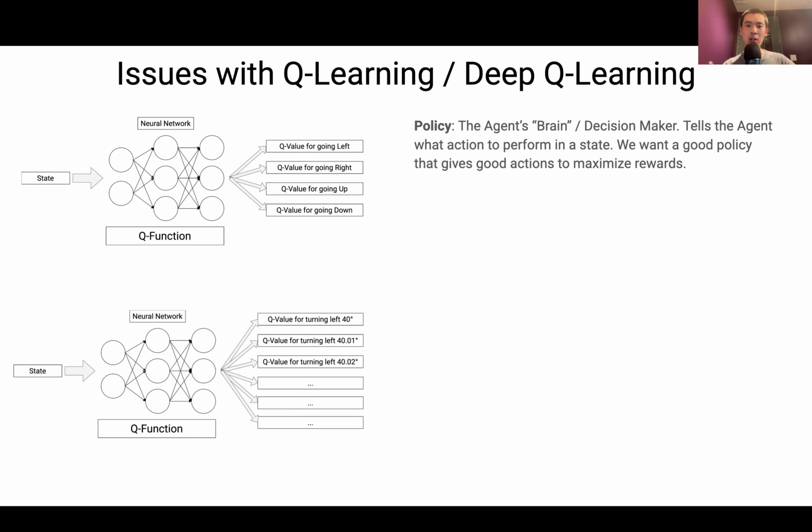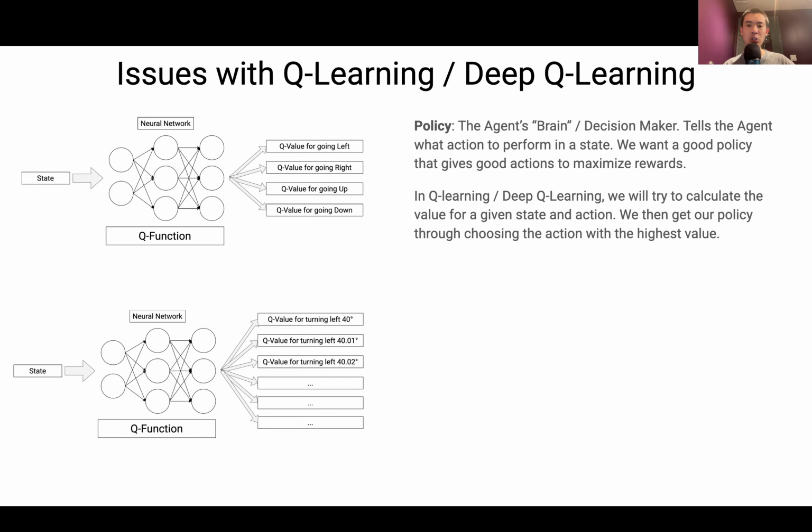Remember that a policy is like the agent's brain/decision maker. It tells the agent what action to perform in a state, and we want a good policy that gives good actions to maximize rewards. In Q learning/deep Q learning, we try to calculate the value for a given state and action.